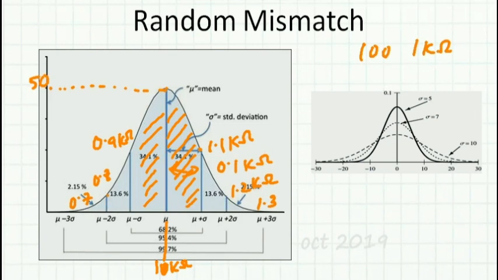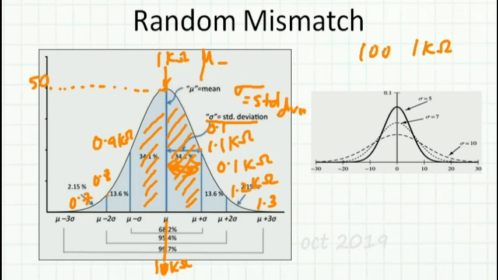So the center value or the intended value, say 1 kilo ohm, is known as the mu or the mean value, and the deviation you see here, the 0.1 kilo ohm, is known as the sigma, which is called the standard deviation.